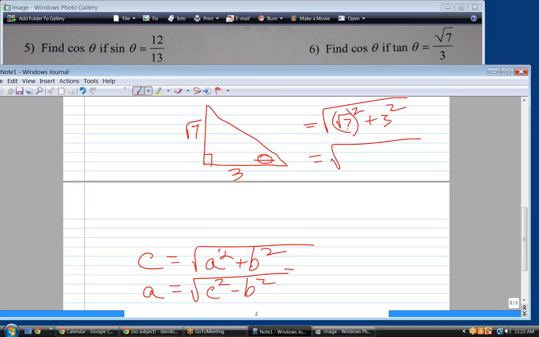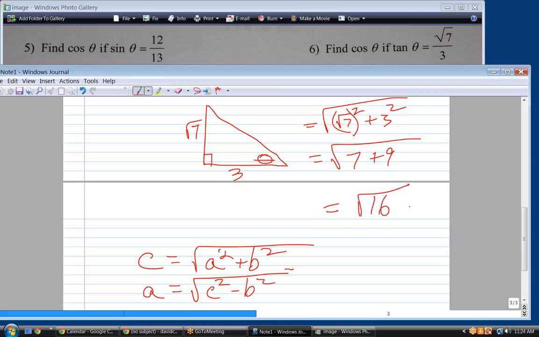Oh, it's just 7. Okay. 9, so 16. Okay. What's the square root of 16? 4. Exactly. So even though we sometimes end up with integer answers, when you're solving a Pythagorean theorem, it still always starts out square root of. It just happened that this ended up being square root of 16, which converted to a number. All right. Cool.